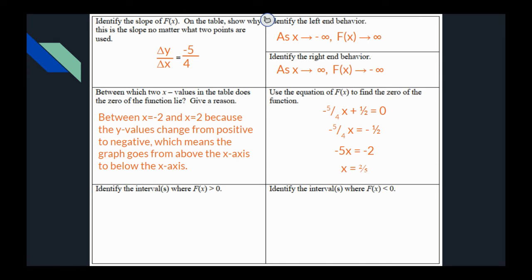Okay. Lastly, identify the intervals where f of x is greater than 0 and the intervals where f of x is less than 0. Okay, so the interval where f of x is greater than 0, is that going to be to the right of our 0 or to the left of our 0? To the left. Why?